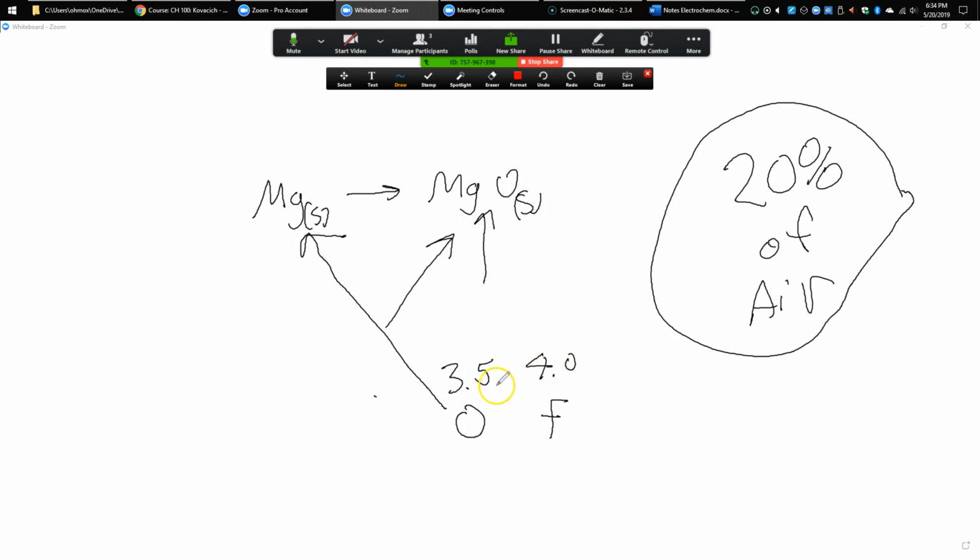The reason we don't call it fluoridation, even though fluorine is better at doing this than oxygen, is there isn't any fluorine in the atmosphere. So they never noticed it. It does do a better job than oxygen does, but it's not around, so it didn't get to be called that.